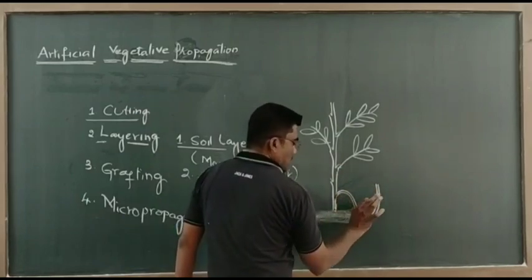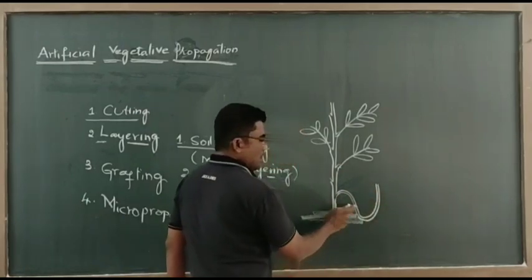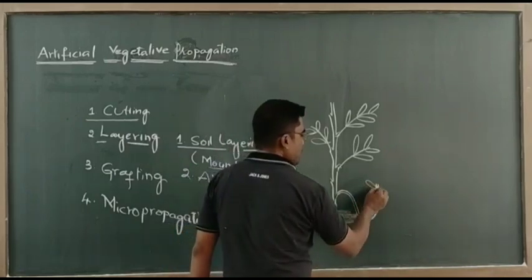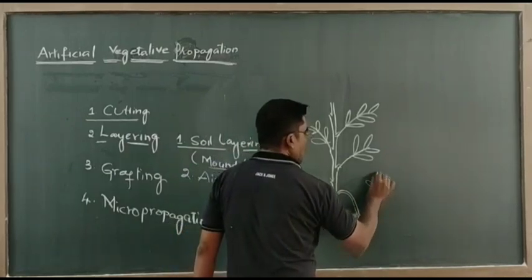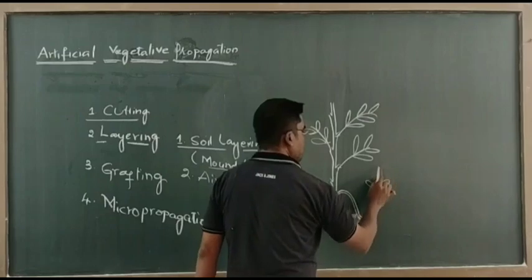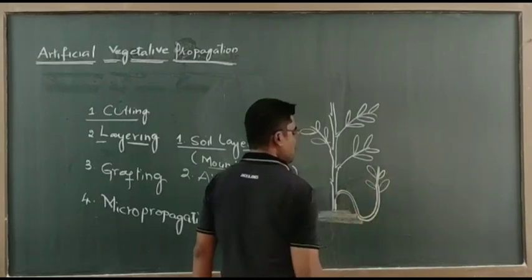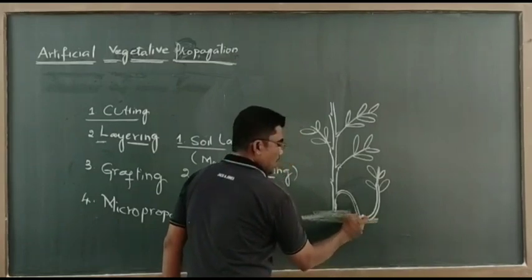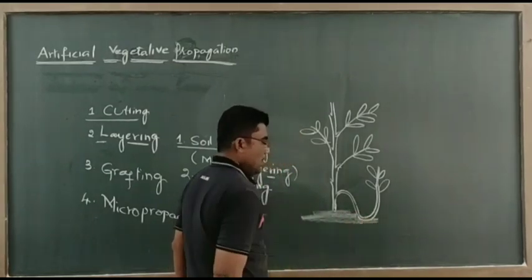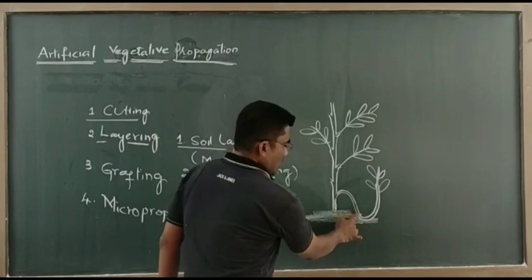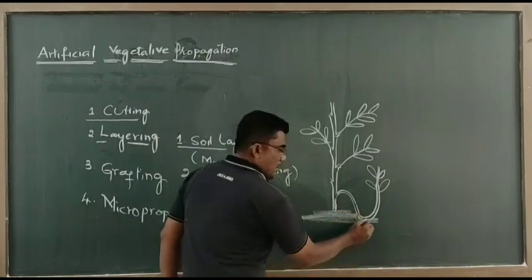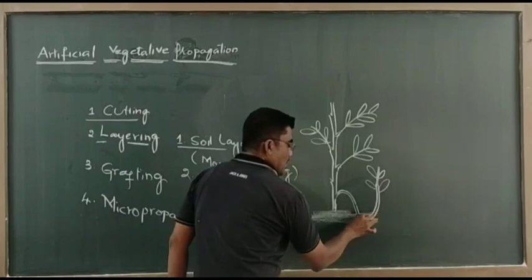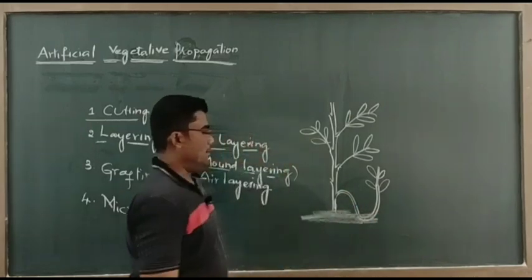The total branch is not defoliated, but this branch is partially defoliated. And here leaves are present. Okay, you just observe this one. Here this part of the branch touches the soil. Where the branch touches the soil, some injury is made and it is covered with soil.